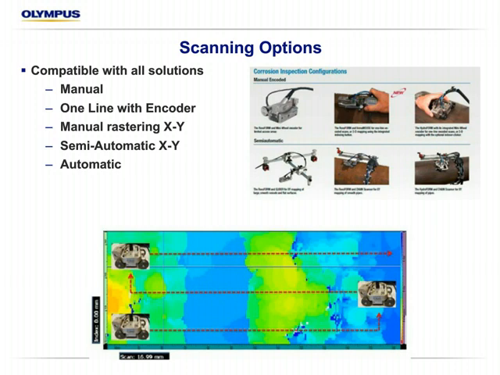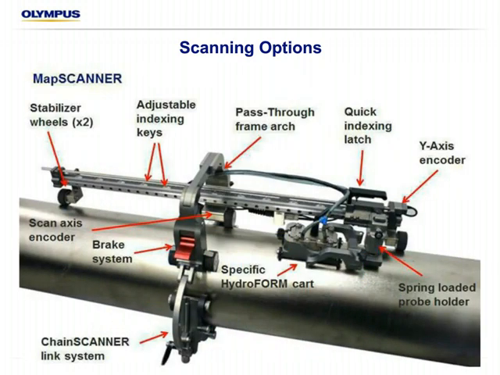It's a little bit closer look, so this is actually a newer version of the chain scanner. We have different links for different diameters, obviously, that you would put in depending on what diameter you're inspecting. We have the hydroform solution here, so water-based, but a specialized scanner carriage.